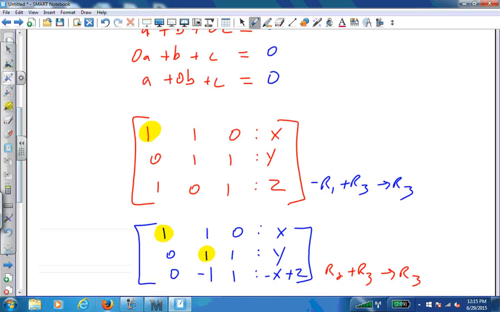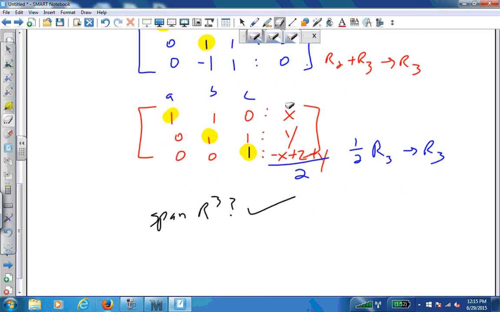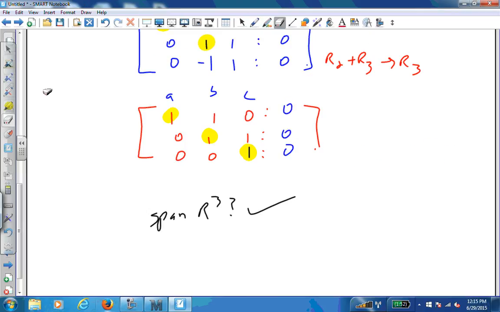So if we change all of these to zeros, that means these would all be zeros, which means these are zeros. This last row says that C equals 0.